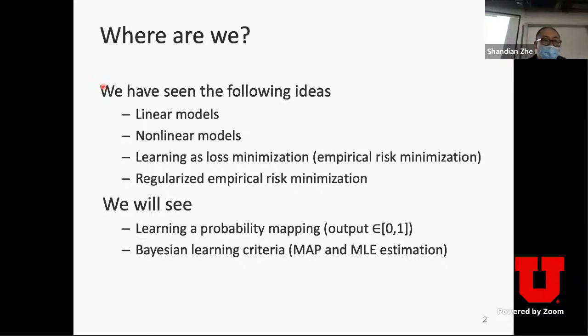So before we introduce what is logistic regression, let us look at what we have seen so far, right? Where are we? So we have seen the following ideas, right? We have discussed quite a few linear models, right? We have discussed nonlinear models, right? So we actually have two ways to build up nonlinear models.